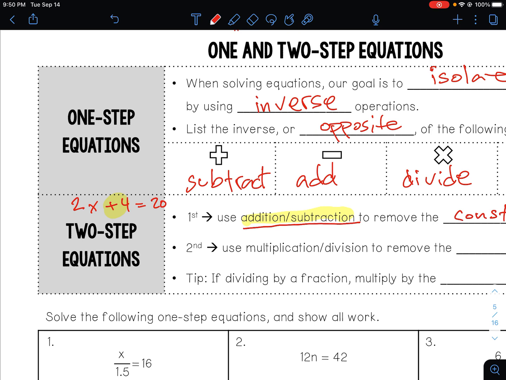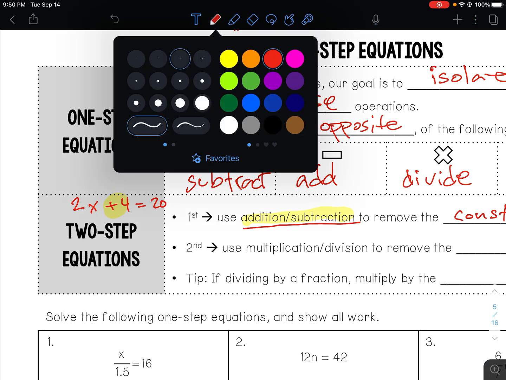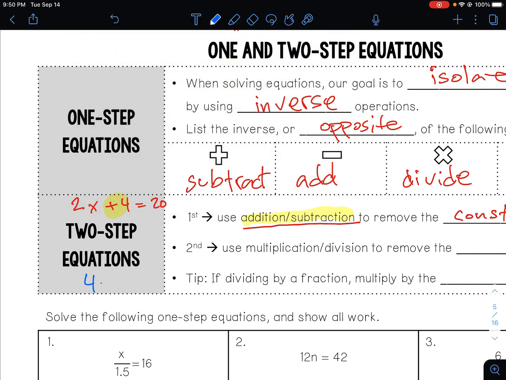What else is considered a constant? If I had an equation like 4 plus 3y equals 10, which one is the constant? It would be the 4. Why isn't the 3y the constant? It's because it's 3 multiplied by the variable. So if it's attached to the variable, multiplying or dividing the variable, it's not a constant.